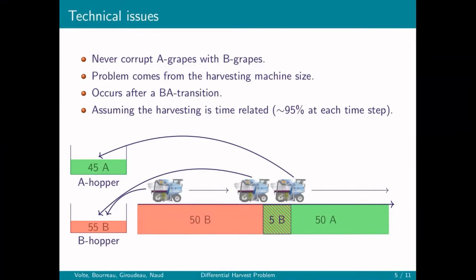So here we assume that we lost 5 A grapes that are corrupted by B grapes. So in this direction, we only harvest 45 A grapes and 55 B grapes. So the harvesting is not symmetrical, it depends on the direction.